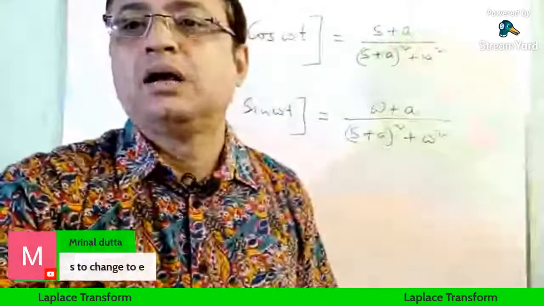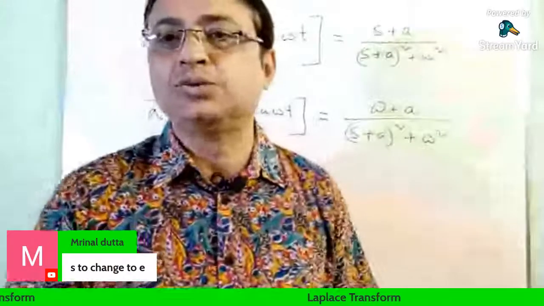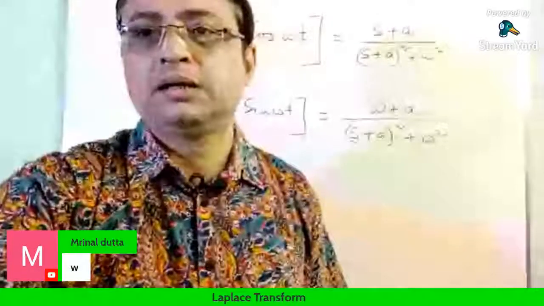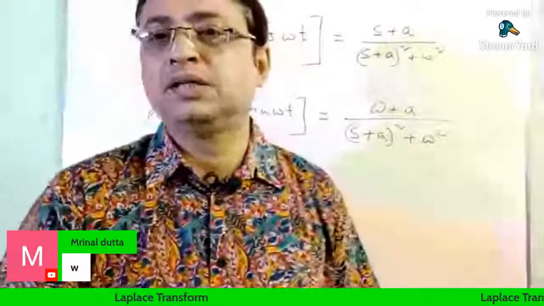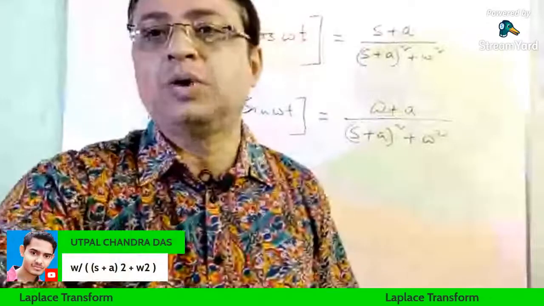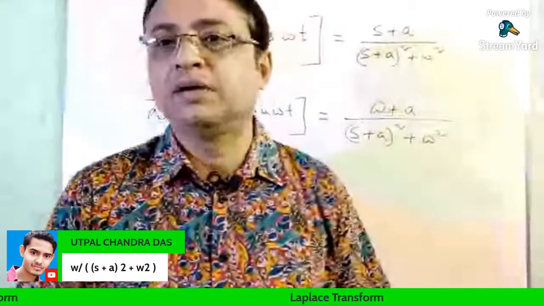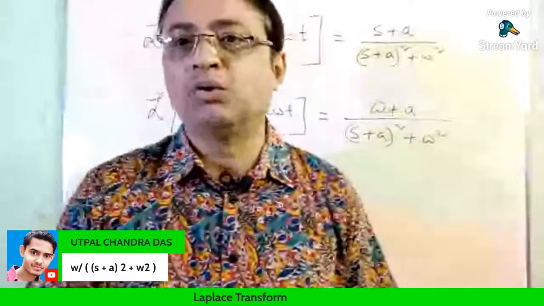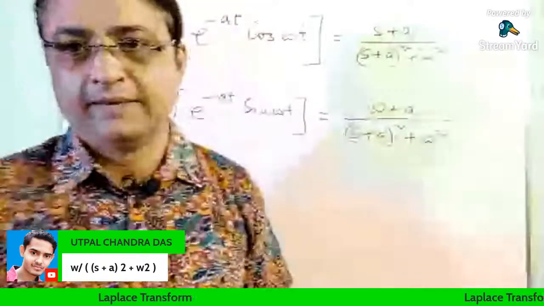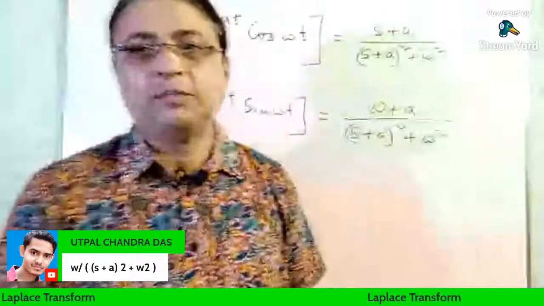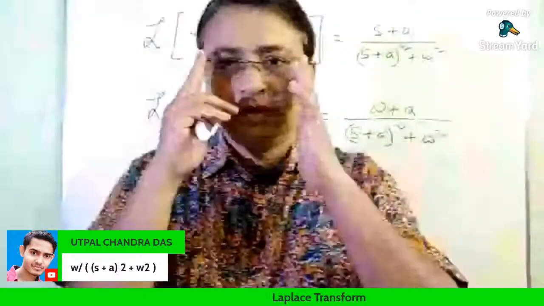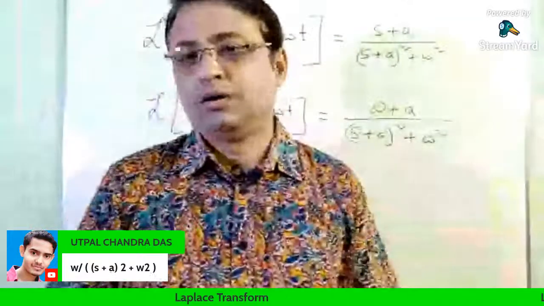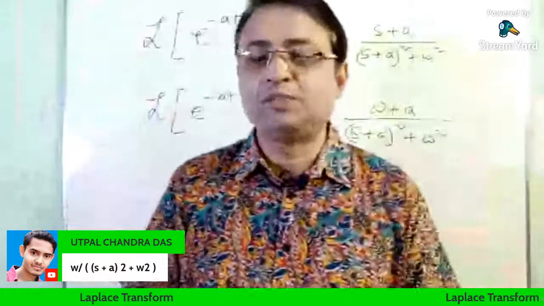Mrinal says the numerator should be omega. So Utpal again gives me the value as omega by s plus a whole square plus omega square. Okay, so time is up. Thank you all for your attention and for your response.